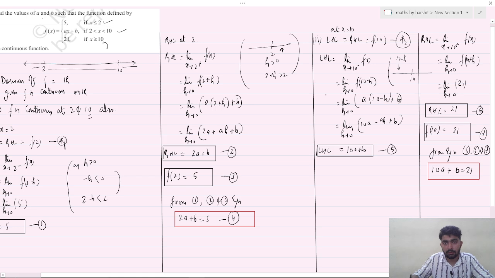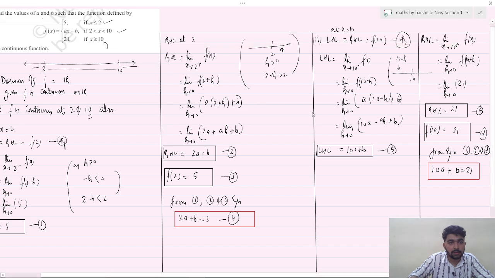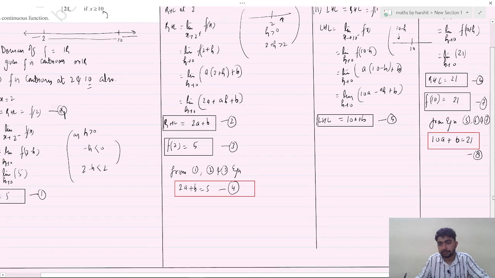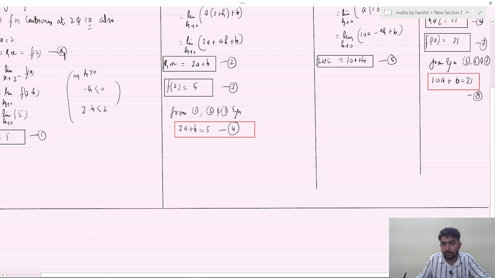This is our new equation, our eighth equation. Now we have 2a plus b equals 5 and 10a plus b equals 21. So we can solve from the 4th and 8th equations. This is our 4th equation and this is our 8th equation. We can solve them easily.